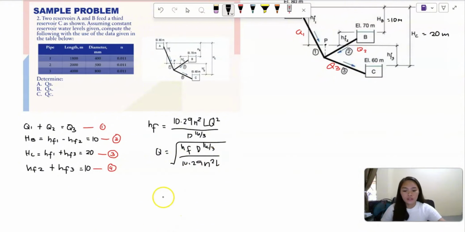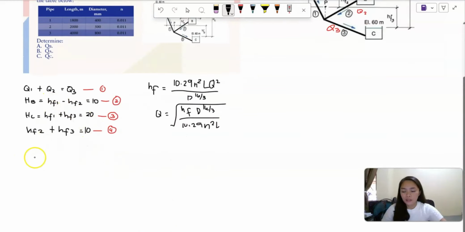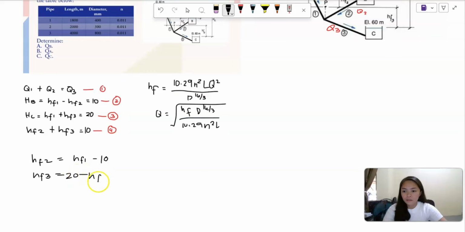So let's use this Q formula, then substitute the value of HF based on this. So we need first to get the HF. So HF2 is equal to HF1 minus 10. Then HF3 is 20 minus HF1.